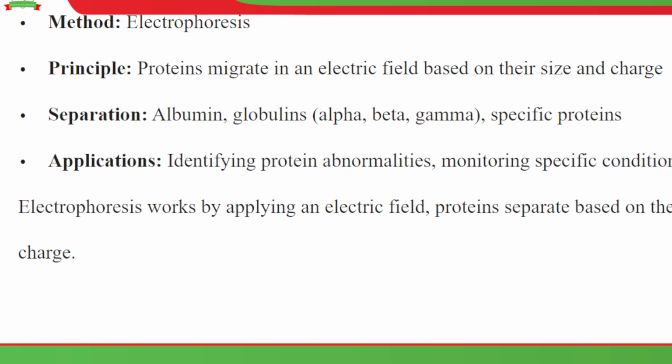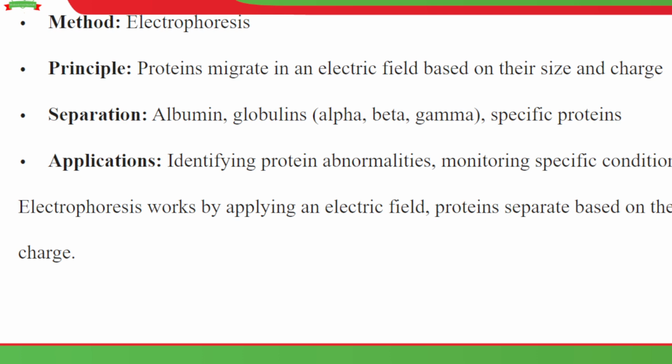This separation separates albumin and globulins into alpha, beta, and gamma. So it is important in specifying specific proteins. If you want to find gamma globulins or alpha globulins, it can separate all of them. So how is this applied? It is important in identifying protein abnormalities. It monitors specific conditions.